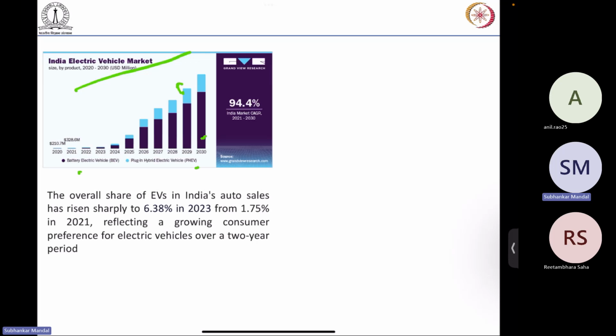You can see that in 2021, 1.75% electric vehicles were there, but in 2023, 6.38%, an increase. It means the whole of India is now more focused on electric vehicles.